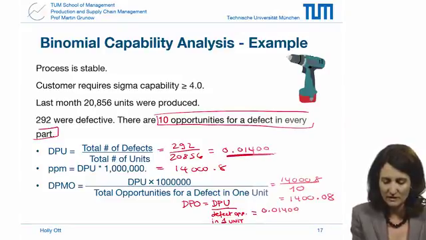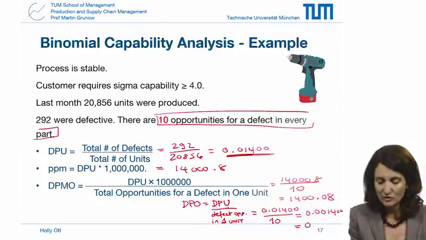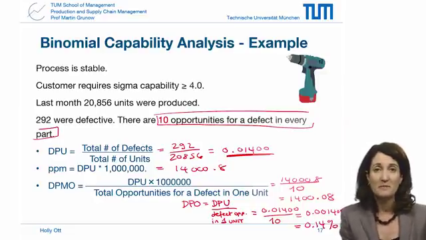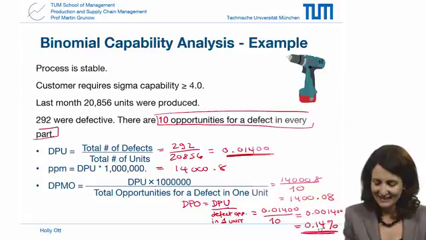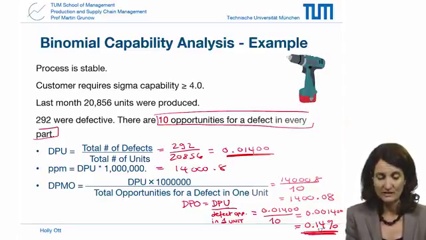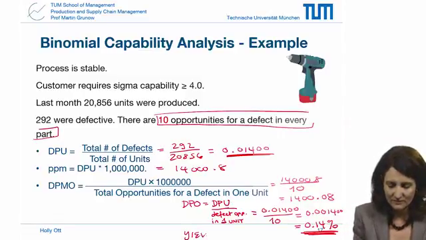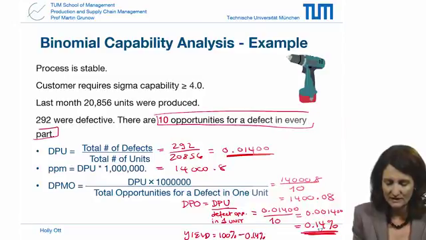From here, divide this by 10, and you get 0.0014, which is equal to 0.14%. I really hope I don't make a mistake here. Always do. But instead of 1.4%, now with 10 opportunities for defect in every part, we only have 0.14%.